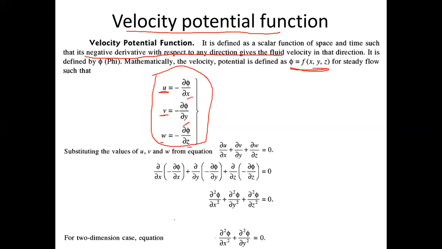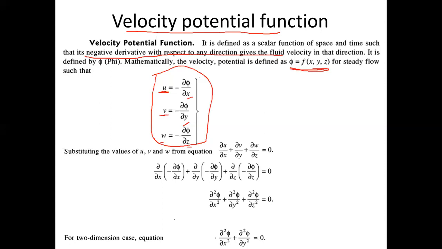If phi is x square plus y square, what kind of flow is it? I have told you that if phi exists for a flow, that means the flow is irrotational. You need not solve any question, and you don't need to calculate the angular velocity or vorticity. If phi exists, the flow is irrotational. As simple as that. Am I clear?